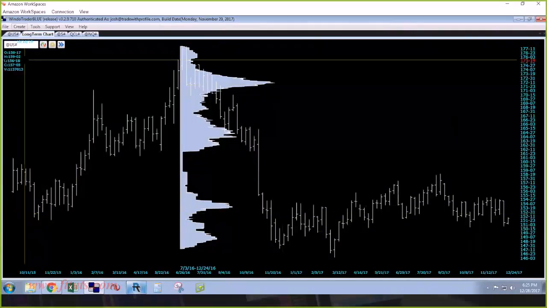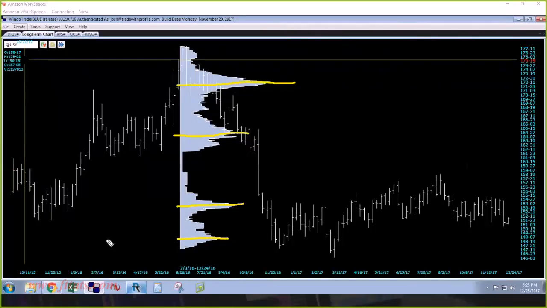What this is showing me is that on this move, the most accepted price, the highest value of that move, is all the way back up here at 172 and 11/30 seconds. Then I have other areas here and here and here.